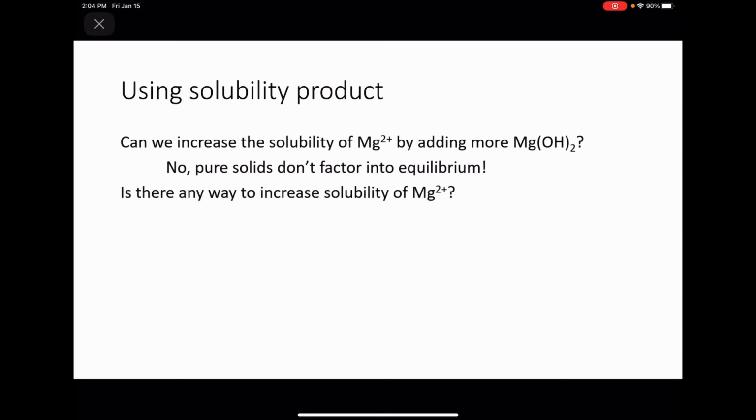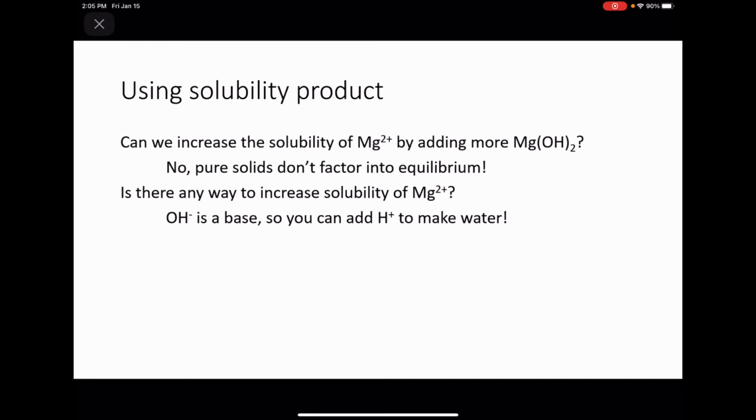All right. So if that's the case, if we wanted to increase the concentration of magnesium 2+, how could we do that? Well, if you remember the reaction, we're generating magnesium 2+ and OH minus. In Le Chatelier's principle, if we remove products, more reactants will react. So if we have OH minus, that's a base.